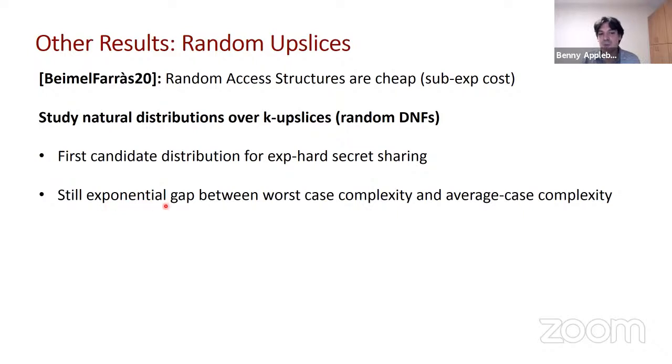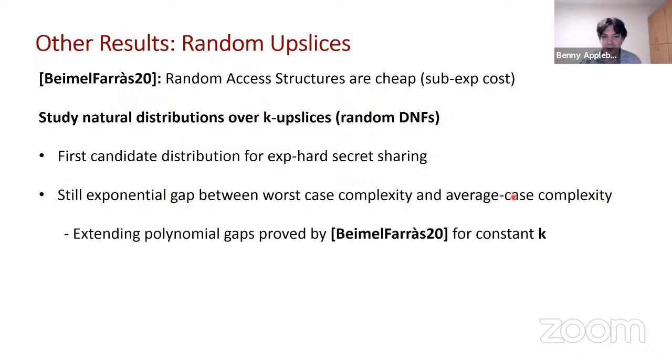So still we have exponential gaps between the worst case complexity and the average case complexity. And for this, we actually generalize an approach that was, again, used by Beimel and Farràs for constant k, so for very low levels of up slices. And since they use constant k, they only got polynomial gaps, but we use linear k, and therefore we get exponential gaps.